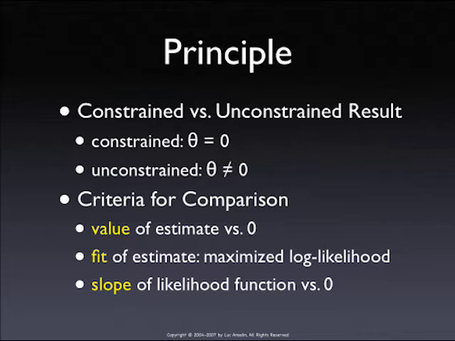Let me just quickly give you the intuition behind this. The constraint is that the parameter is 0. Now, when you estimate a parameter, that's a random variable. So if you get a number like 1, that is not by itself sufficient to say that this is non-zero.